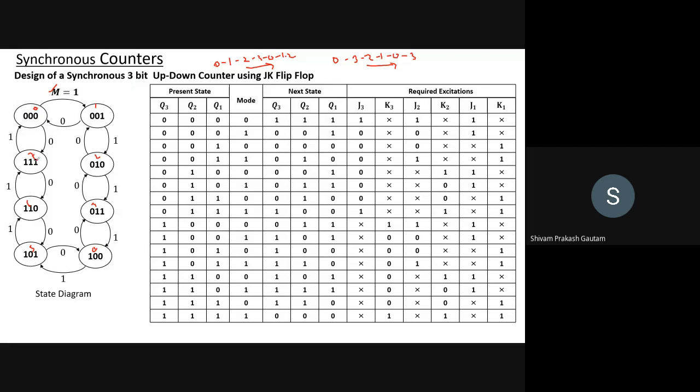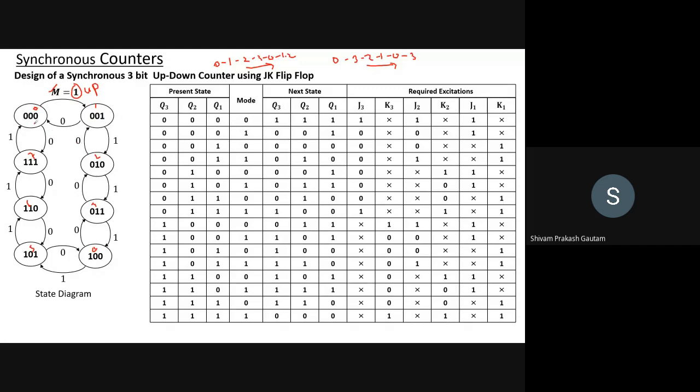That is why we have stopped here and again go back to 0, right? So when you go from 0 to 1, 1 to 2, 2 to 3, so on and so forth, and again 7 to 0, then it will be called an up counter. And for up counter, the value of variable m is 1.